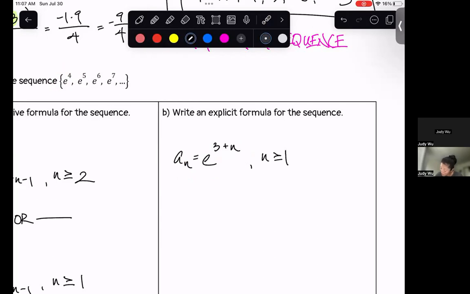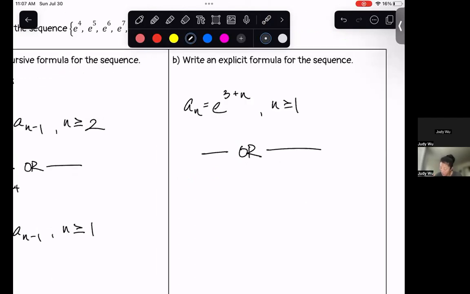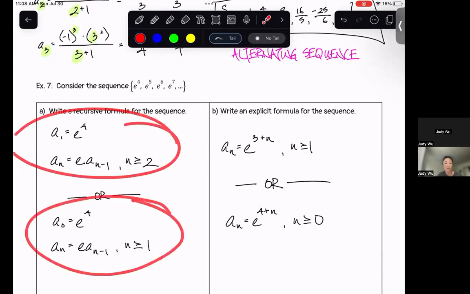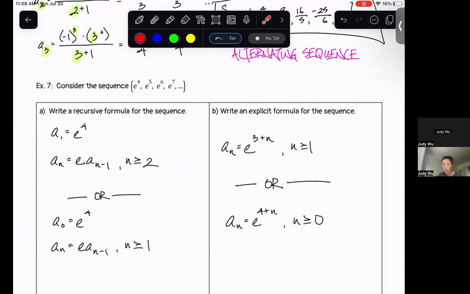But some of us like to start with 0, and that's also fine. We would just say a sub n equals e to the 4 plus n, and n is greater than or equal to 0 if we wanted to start with 0. Okay, so oftentimes, depending on how you choose, do you want to start with 0 or do you want to start with 1, right?